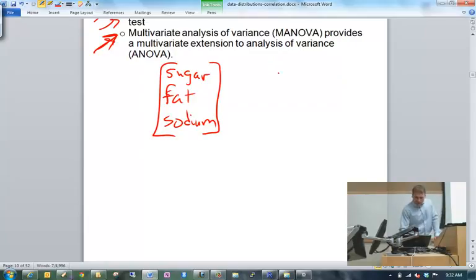Well, how about we let mu sub i be a 3x1 vector that represents the mean sugar, fat, and sodium content for shelf i. Okay? Then what we could do is this. Remember there were 4 shelves in this particular data set.